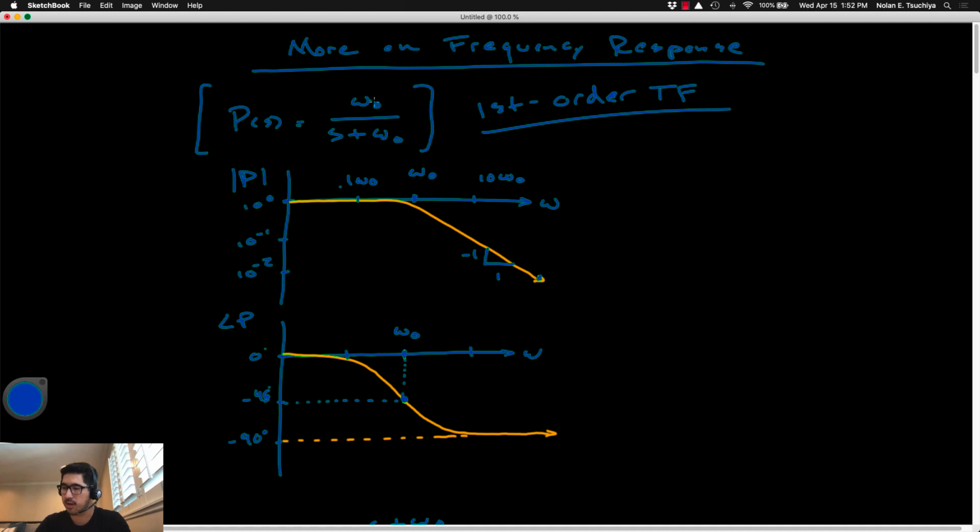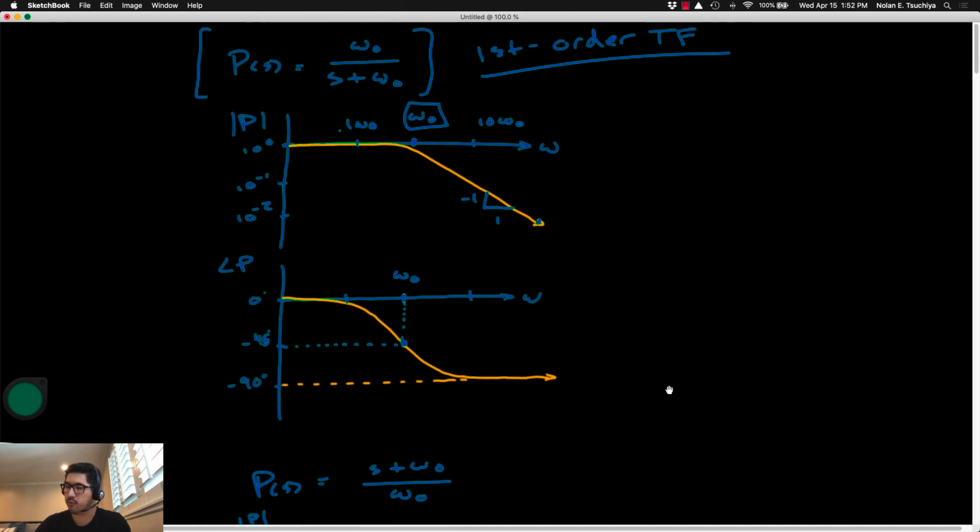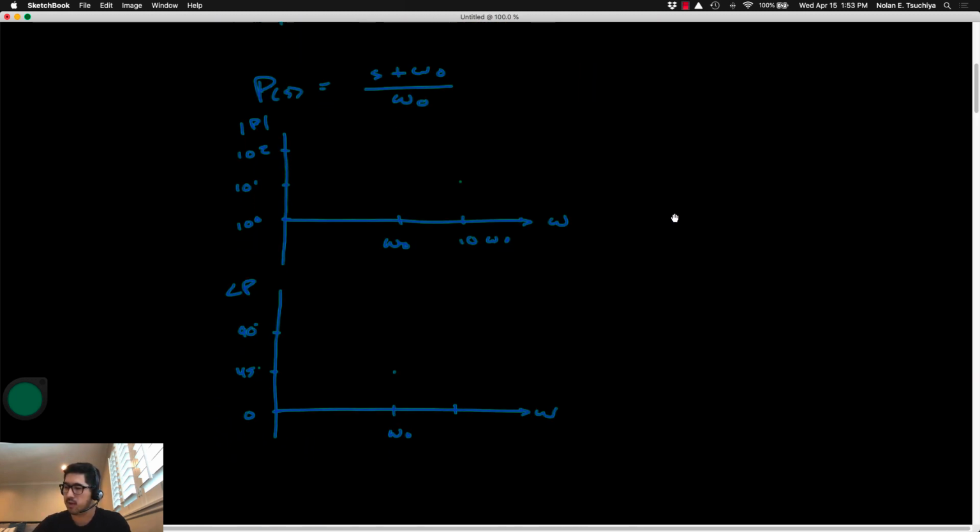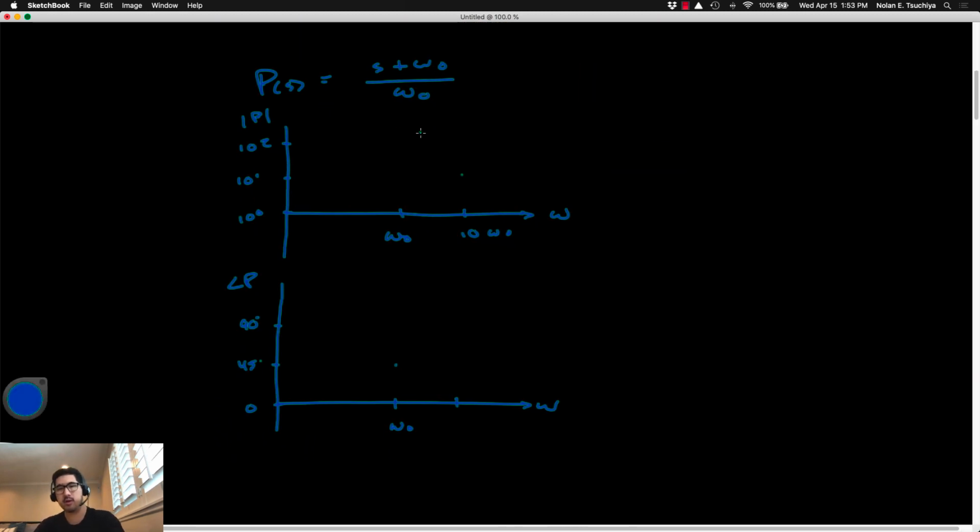Okay, so omega naught over s plus omega naught always has this shape of a Bode plot. The only difference is really this cutoff frequency omega naught. If we were to flip that, for example, s plus omega naught in the numerator and omega naught in the denominator, the Bode plot looks like this. It's actually perhaps what you might expect. It gets flipped.